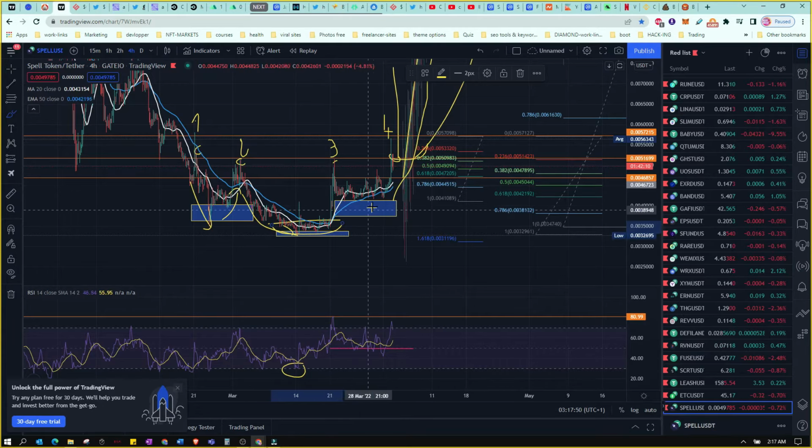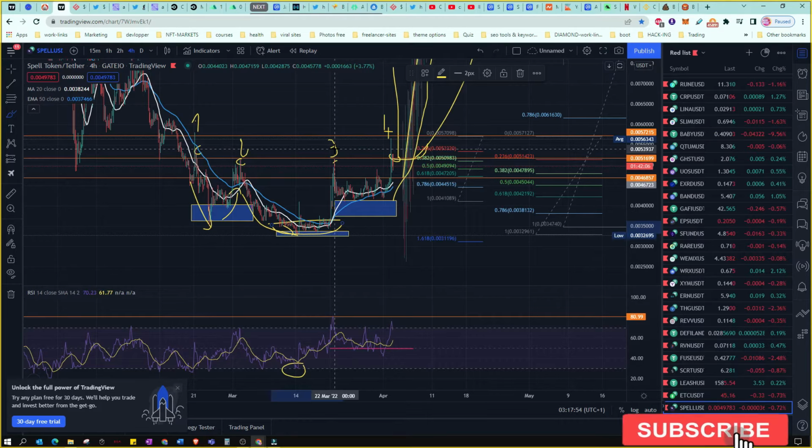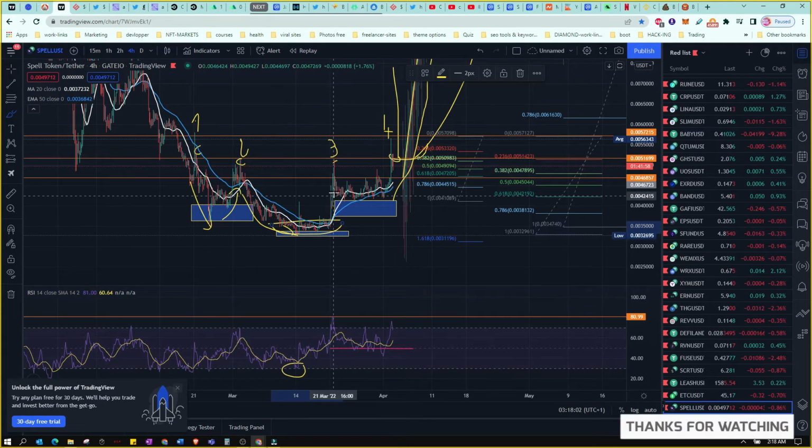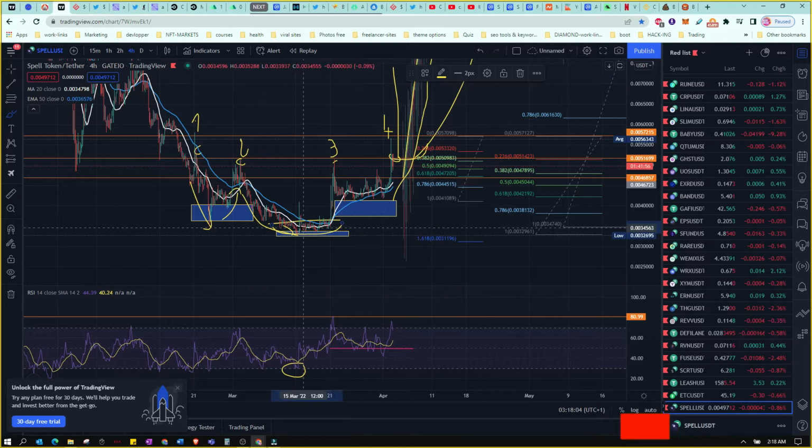But what's the difference between the third attempt to break the resistance and the second is the second we tried and we crashed down. And the third we tried, but we didn't continue crash down. We didn't come back to the same spot, to the same area right here in the accumulation phase, but we kept ourselves above the 50% moving average.